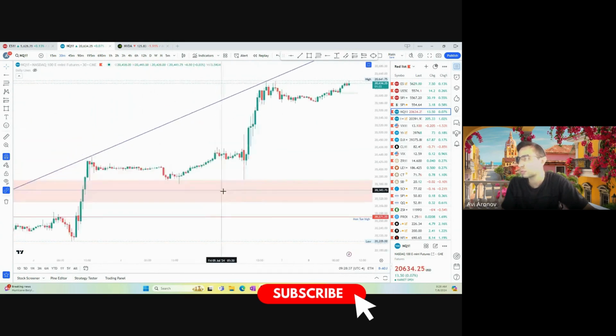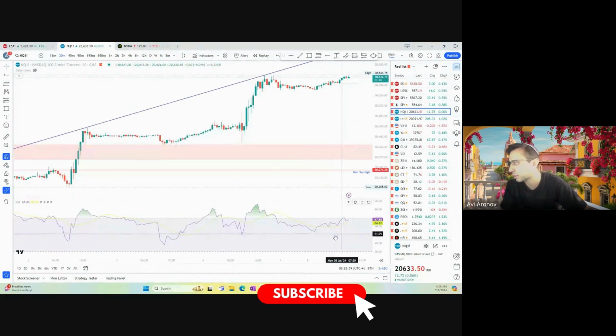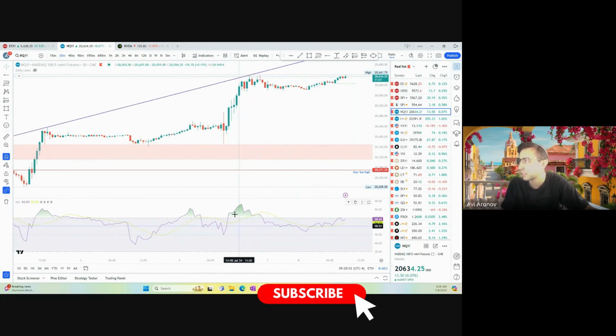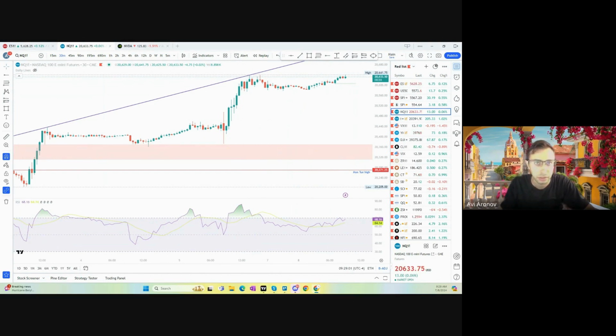What you can do as well, what I started to do is look at the RSI. RSI will show you certain signals and good confirmations for an entry. Let's say an example. One second, I just need to open something here.